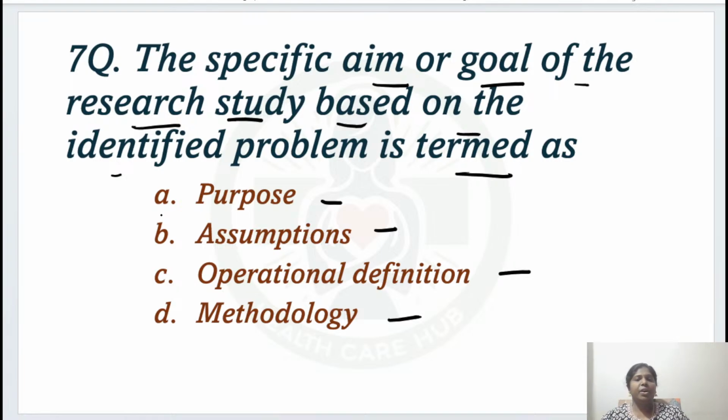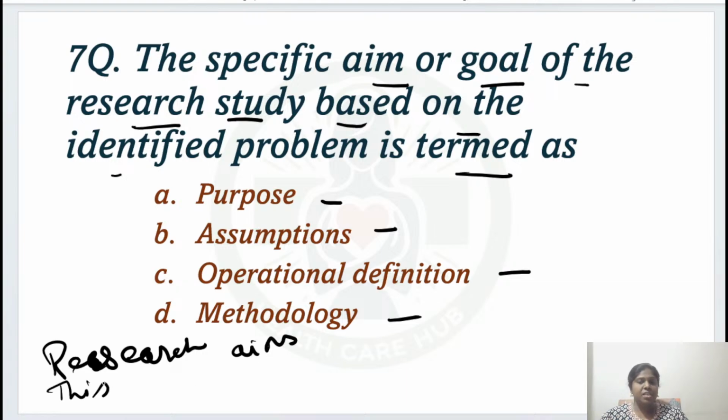See, whenever we are addressing any research study, what are we going to do? We say, my research aims at, or this research seeks to, meaning I am explaining the purpose of my research study.